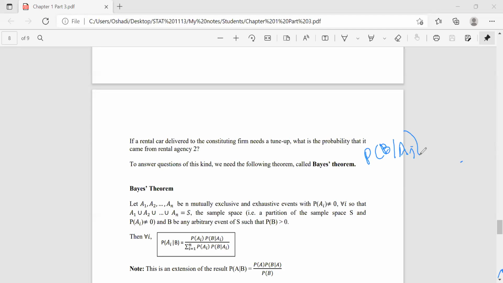Now they are asking, the car has already been found to need a tune-up. That is the given one. That is, P(B) is given. What is the probability that it came from rental agency 2?